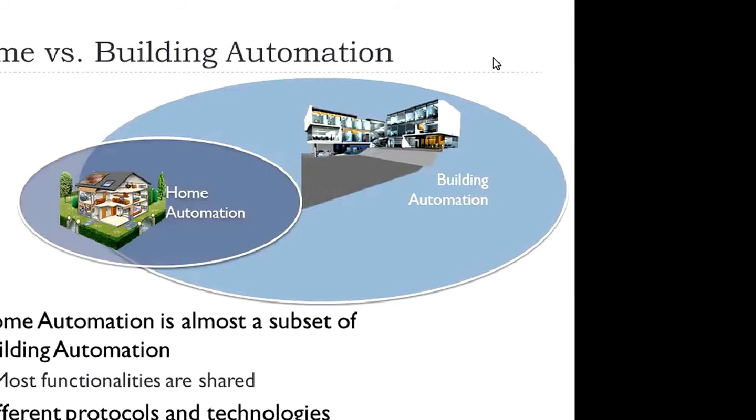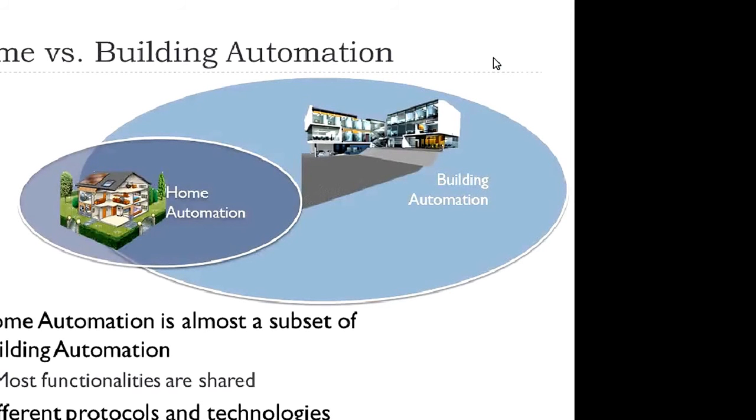I said almost, but not completely, because there are certain functions in home automation which are not needed in building automation, or which are not in the focus of a building automation system. And that's why I just drew them like two intersecting ellipses, but not completely overlapping ellipses.